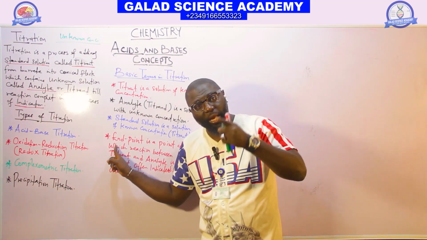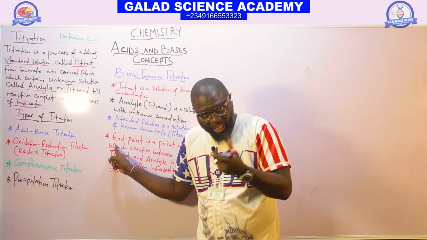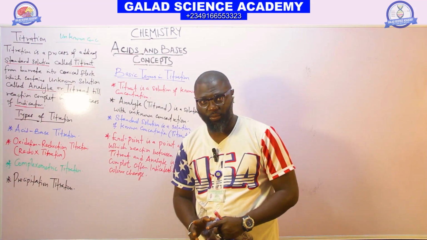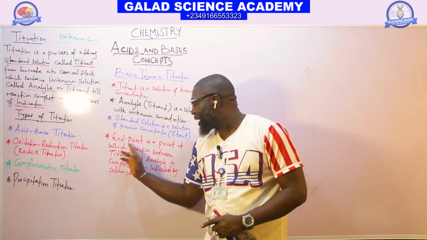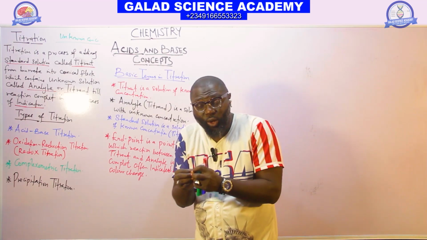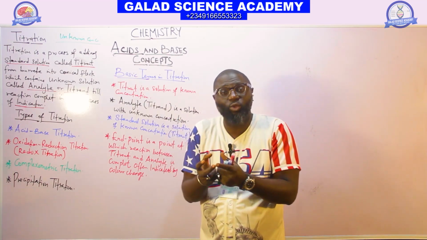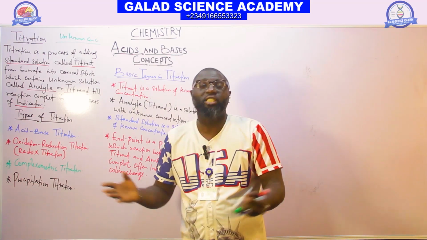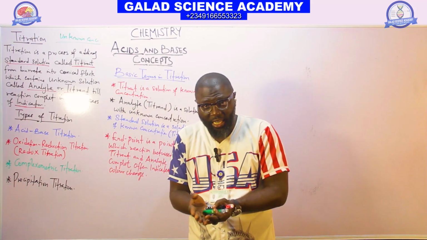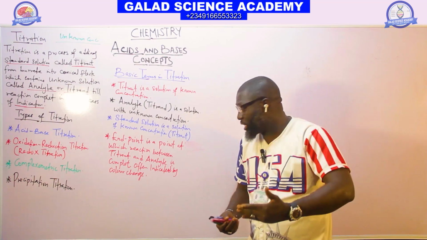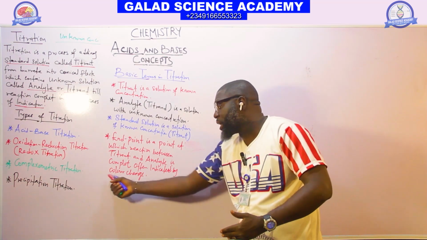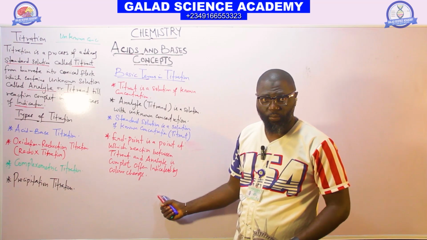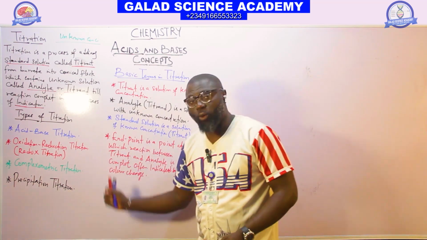How do we determine the end point? The color of the indicator will be changed. So the end point is a point at which the reaction between titrant and analyte is complete, and we often indicate it by color change. That is end point.